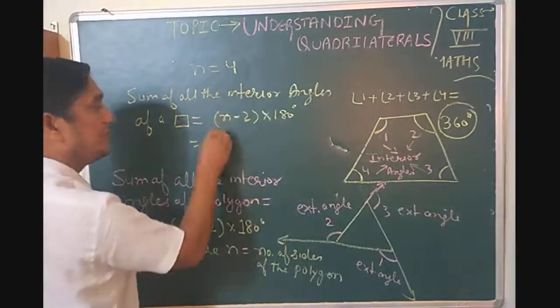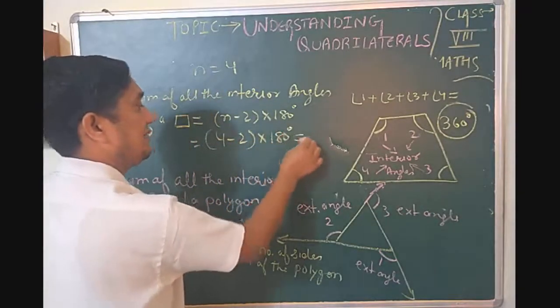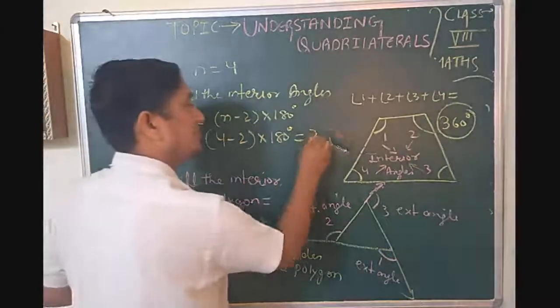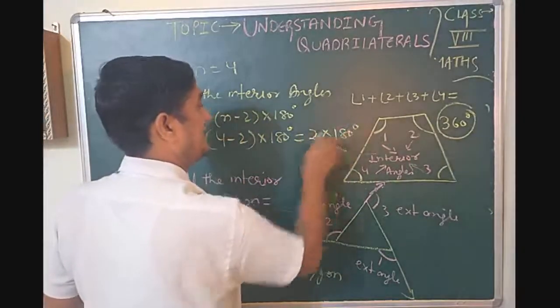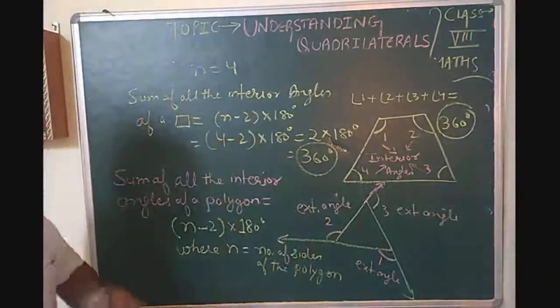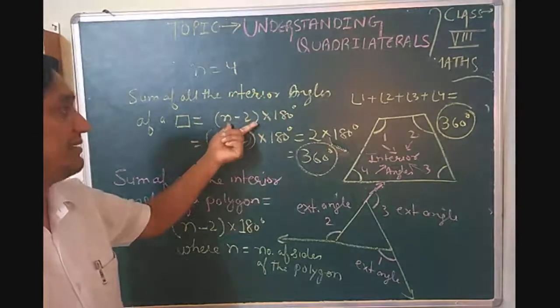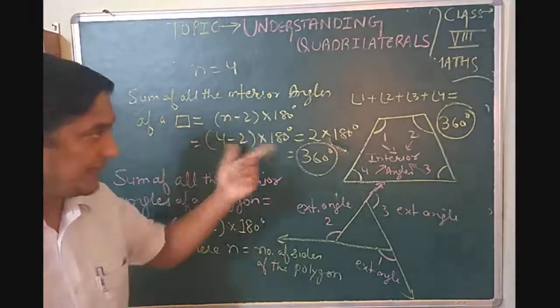Here n is what? 4. 4 minus 2 into 180 degrees. Now it becomes 4 minus 2 is 2 into 180 degrees. It becomes 360 degrees. Children, now if we want to find the sum of the interior angles, we can apply this formula, n minus 2 into 180 degrees. We will take one more example.